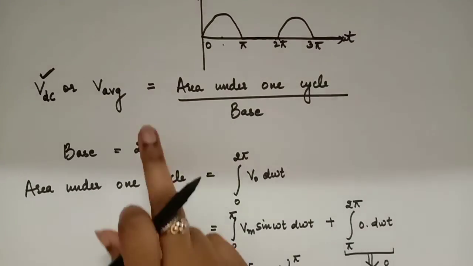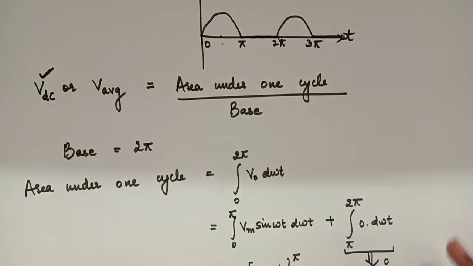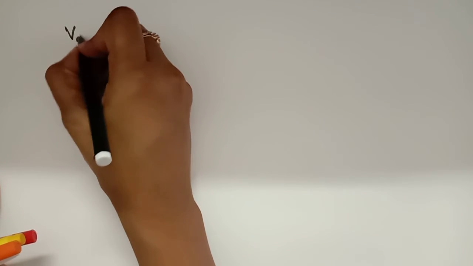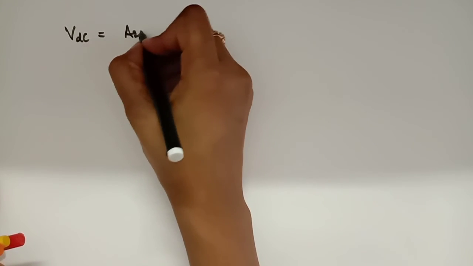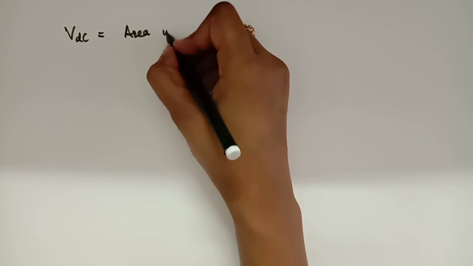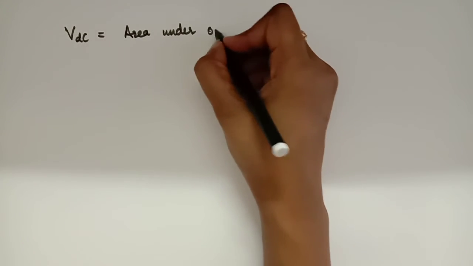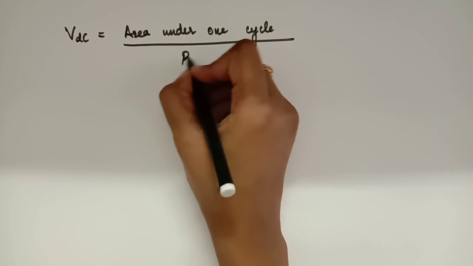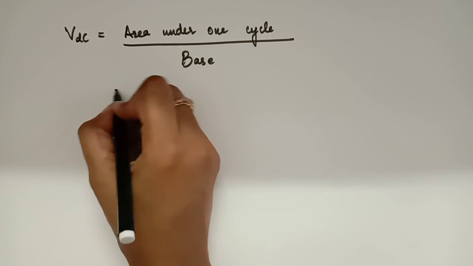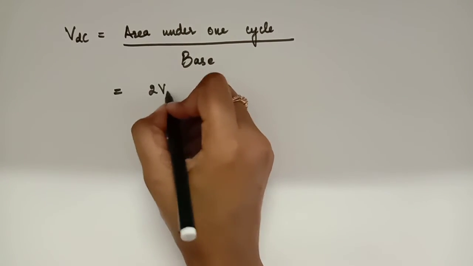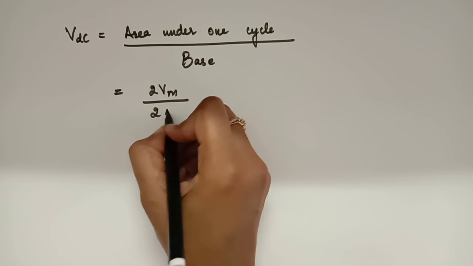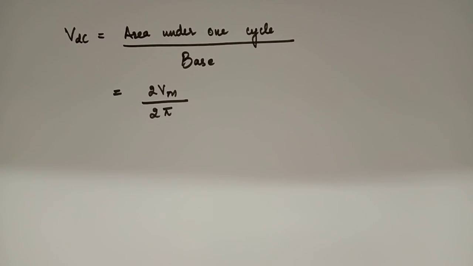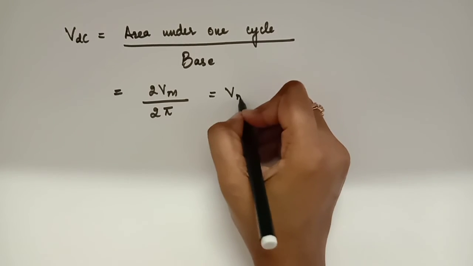The formula was area under one cycle upon base. So I will write the formula again. You have calculated the area under one cycle as 2 Vm. Base, put it as 2 pi because it is for one cycle, and it equals Vm upon pi.